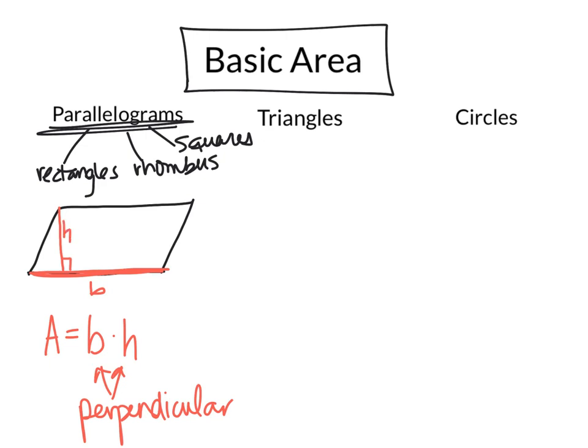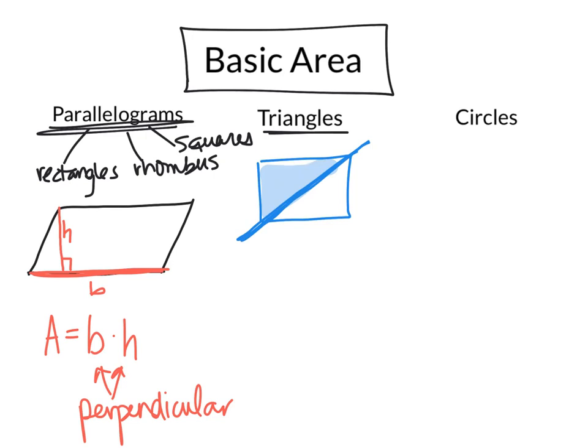All right, so triangles, and then I'm going to do some examples of all of these. So triangles, it doesn't matter what type of triangle it is. I feel like in elementary school you learn that you might have a rectangle, which is base times height, and you can make a triangle by cutting that in half, right? Now you've got two different shapes where you've got a triangle.